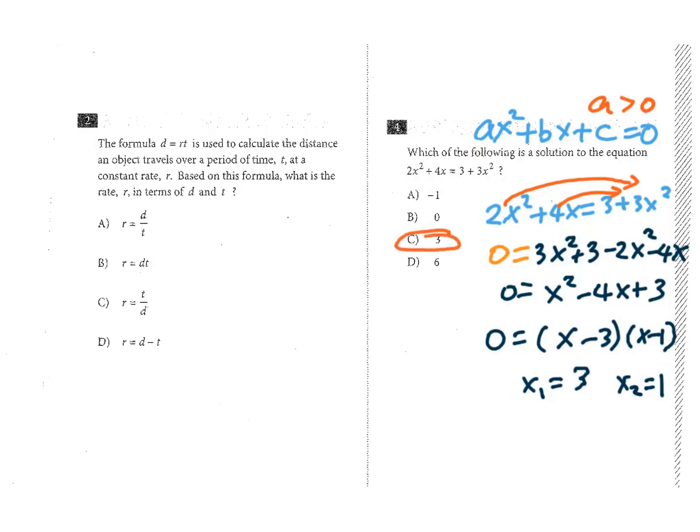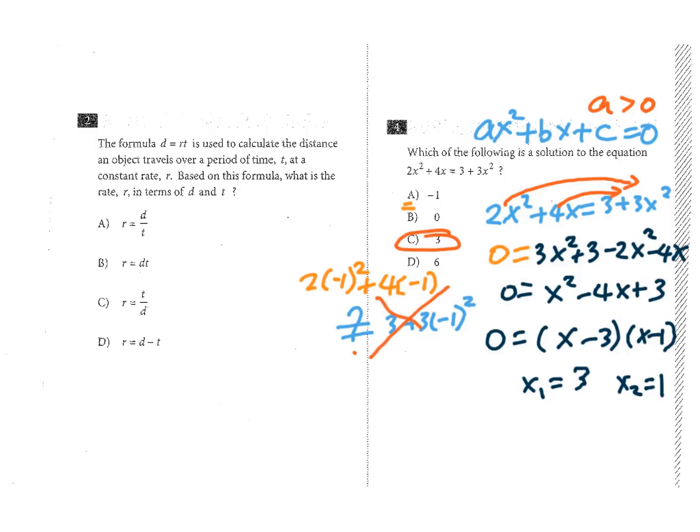But an easier way to deal with this problem is still to plug in. For example, if I check -1, I will do 2 times -1 squared plus 4 times -1. Is it equal to 3 plus 3 times -1 squared? If it's not equal, then -1 is not the answer. Definitely it's not equal, so this is wrong.